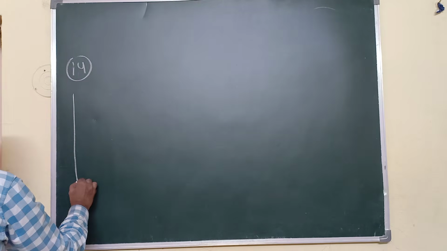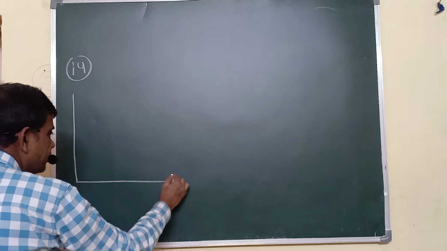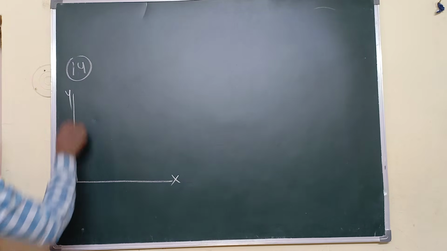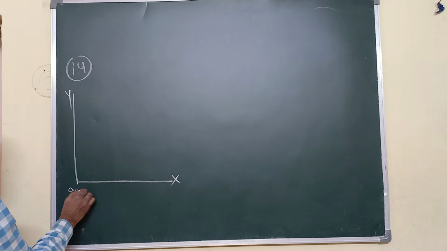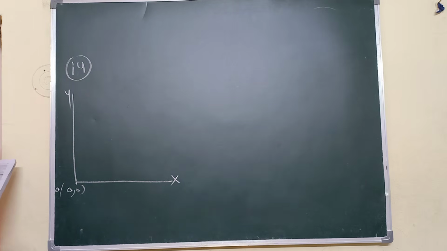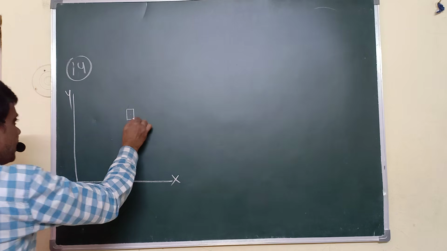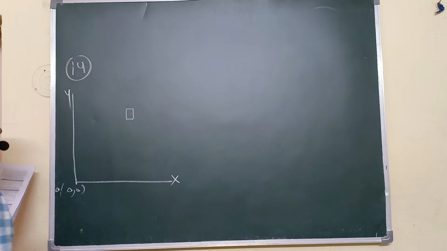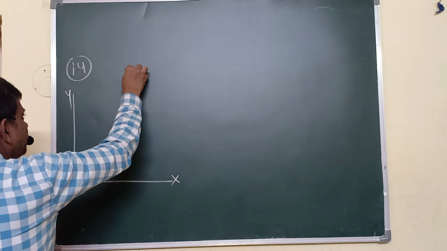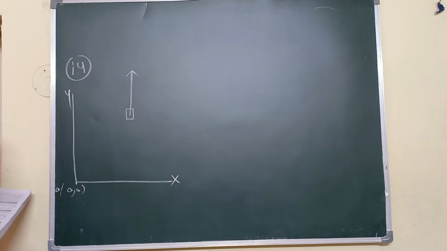So here the given diagram is this. This is the x-axis and this is the y-axis and this is the origin. So here one trolley is there, and in the trolley one observer is there. This trolley is moving parallel to the y-axis.